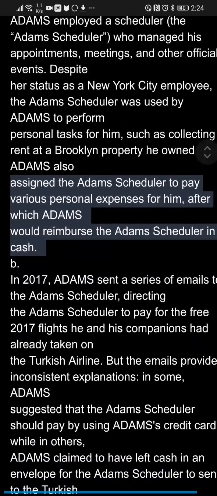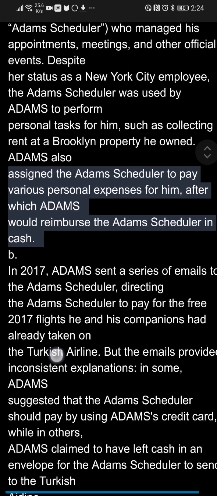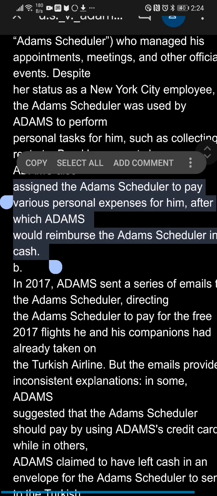How is she paying? Adams sent a series of emails to the scheduler directing the Adams scheduler to pay for the free 2017 flights he and his companion had. That's even stranger. How in the world? Why would this person pay out of her personal account for the Turkish airline?